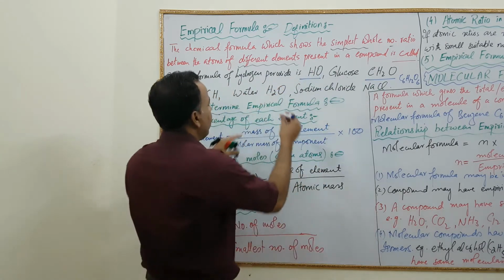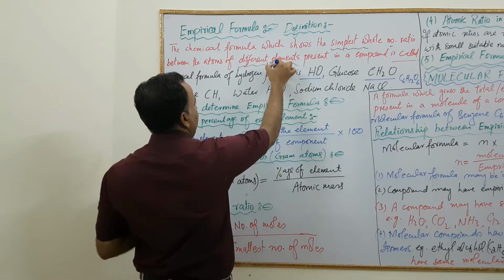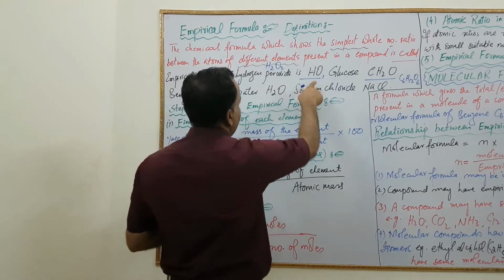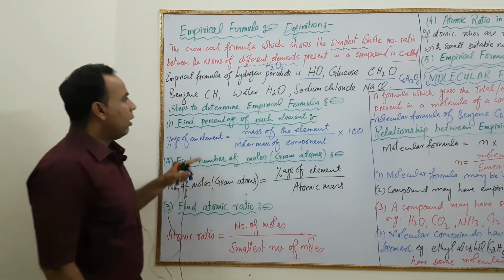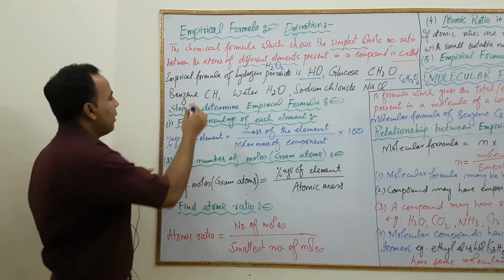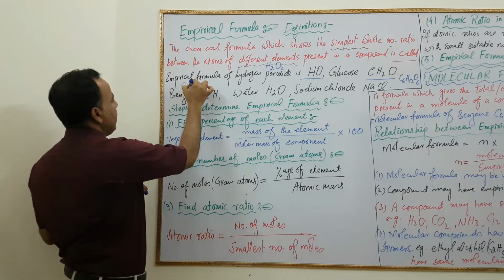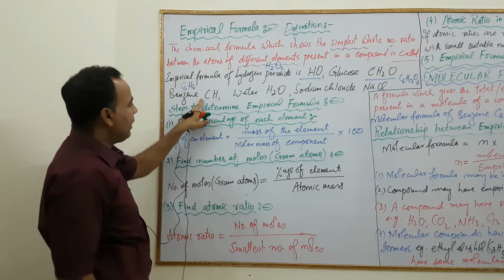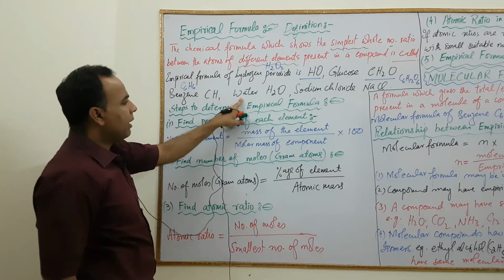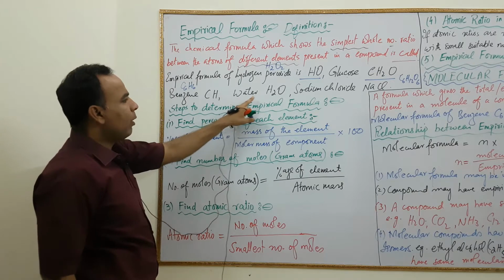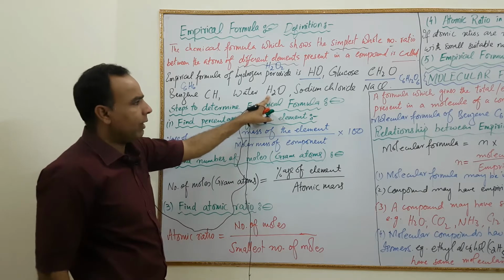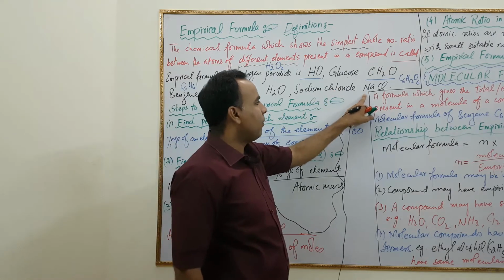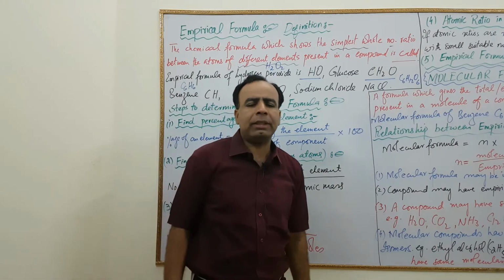In the case of hydrogen peroxide, its molecular formula is H2O2 and its simple formula is HO. In the case of benzene, the molecular formula is C6H6 and its empirical formula is CH. In the case of water, empirical formula and molecular formula are both the same, H2O. In the case of sodium chloride, its empirical formula is NaCl.